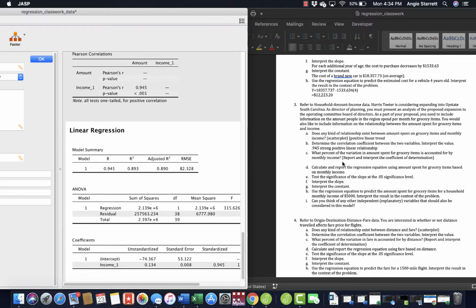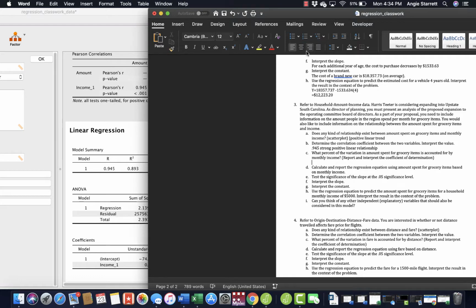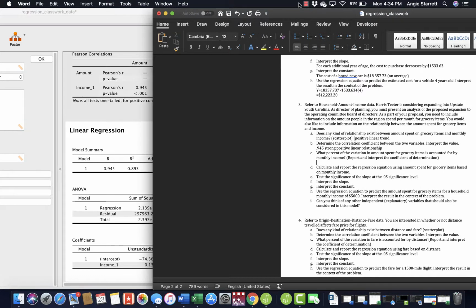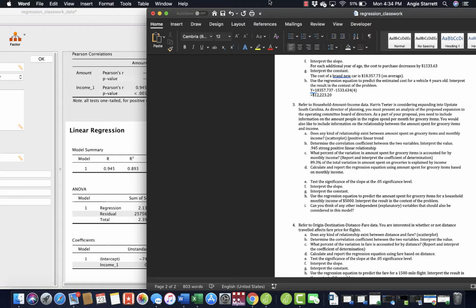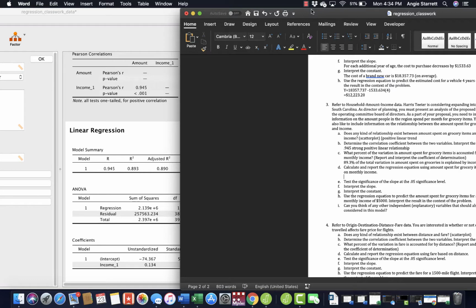Our R squared for this model is 0.893, so 89.3% of the total variation in amount spent on groceries is explained by income. Makes sense.